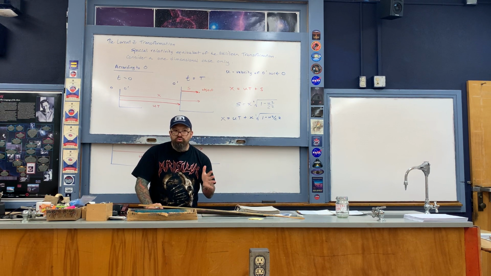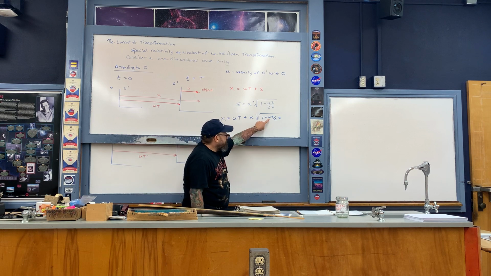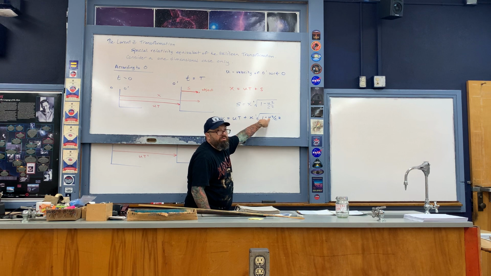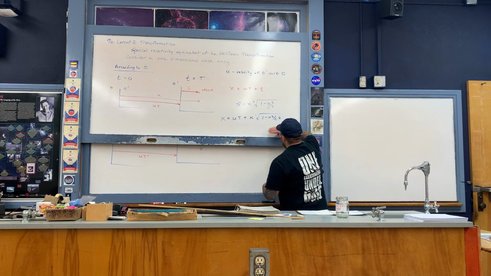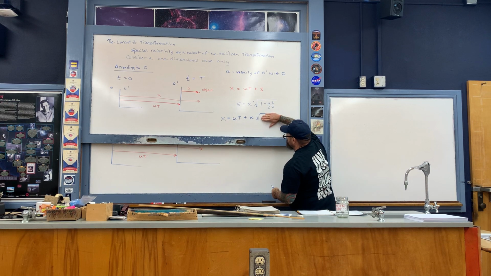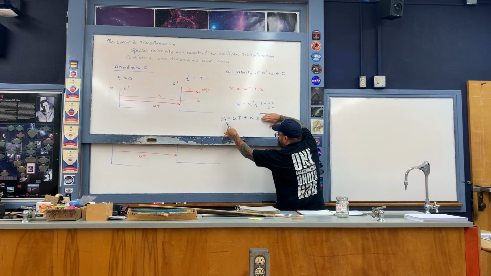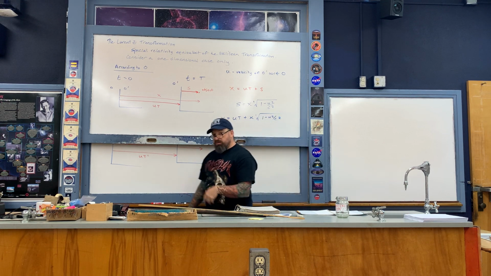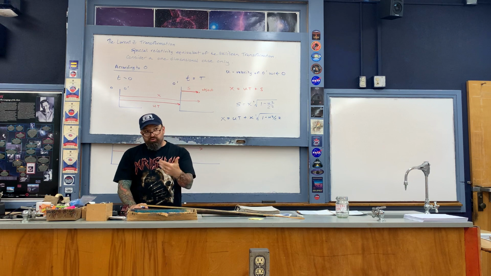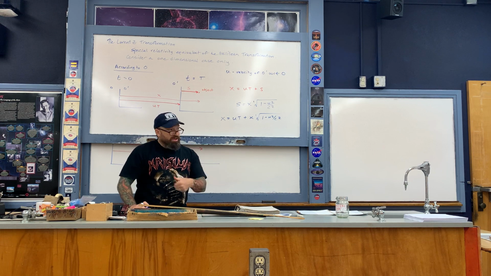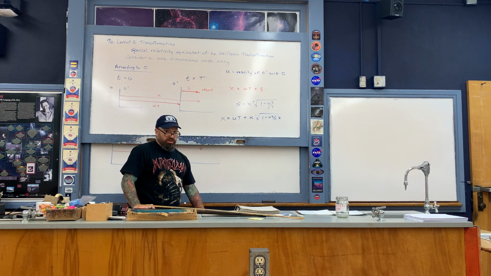For example, if u is small, as it is in the classical world, the speeds of ordinary objects around us are very small compared to the speed of light. If u is very small, then this term here is essentially just equal to 1. And then therefore you have r equals r prime plus ut. So the old-style Galilean transformation is an approximation of what really happens. What really happens is this expression here.